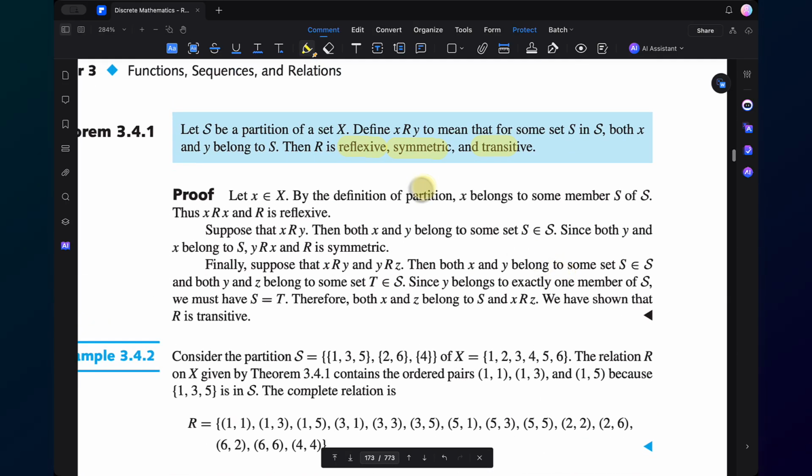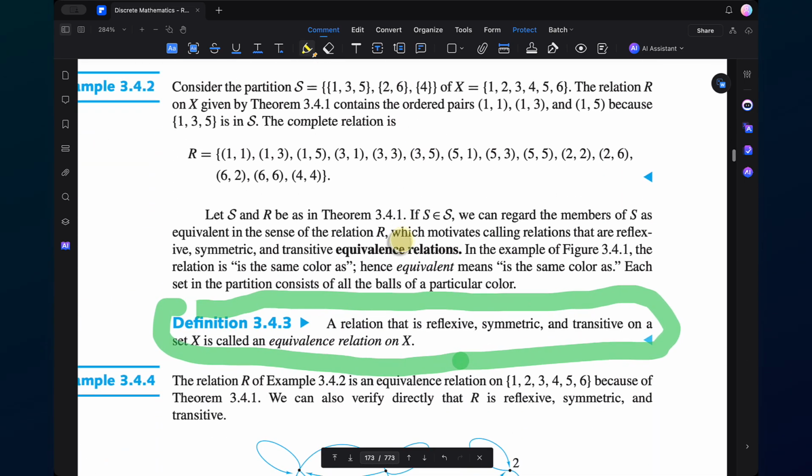So therefore we see that if you're given a partition, then you get yourself a reflexive, symmetric, and transitive relation.